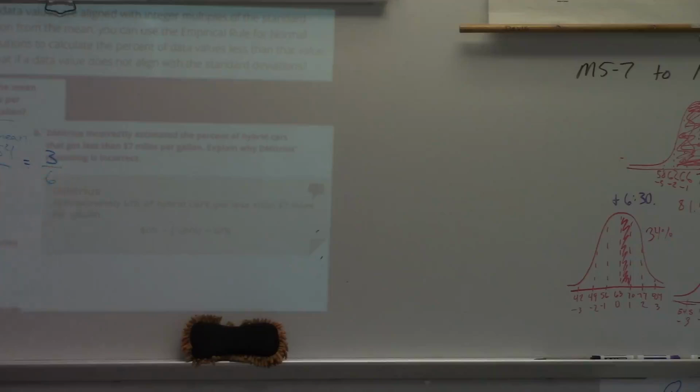So what I want to point out here is this. If I want to find out how many standard deviations a value is from the mean, what we do is we take the value. What do we do to that value?